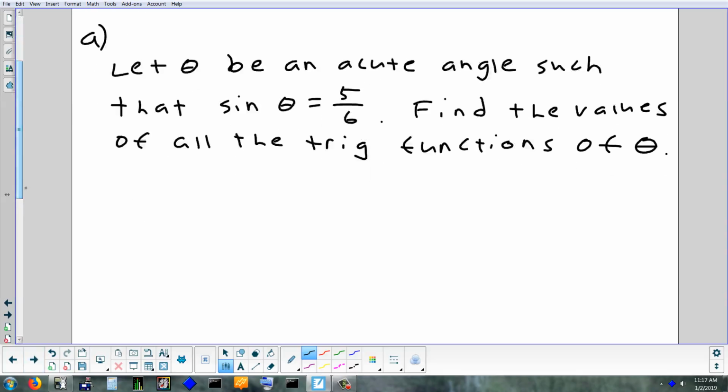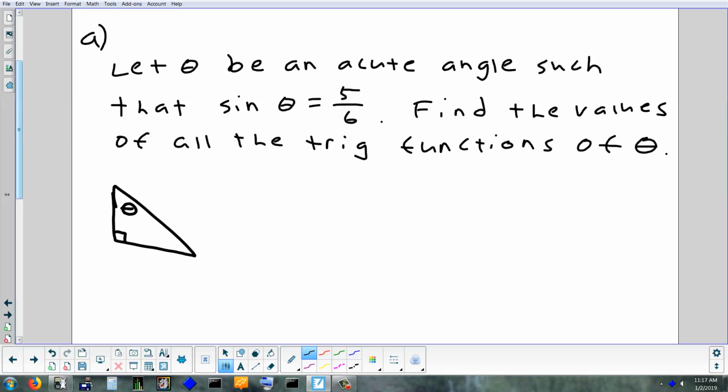All right, so let's draw a sketch. Now, when you make your triangle, you don't have to draw it that way. You can draw your triangle any way you want. You can put theta either at the top or the bottom. It doesn't matter. What does matter is that I put the 5 and the 6 in the right spot. So Blake, what's the side that's 5?